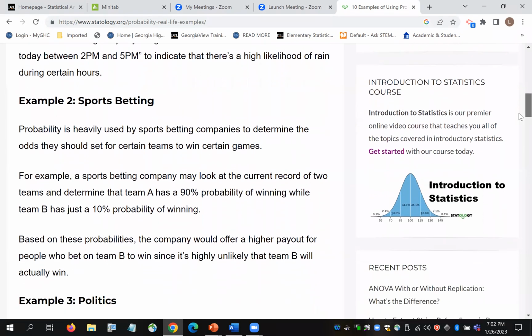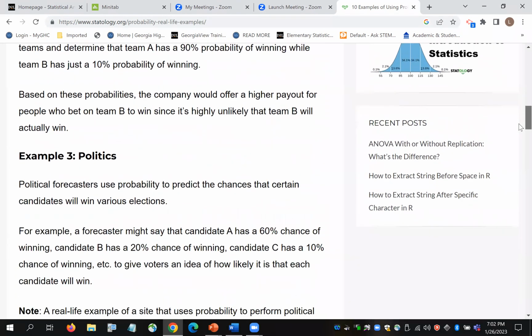But then think about politics. Political forecasters use probability and probability distributions to predict the chance that a certain candidate is going to win the election.